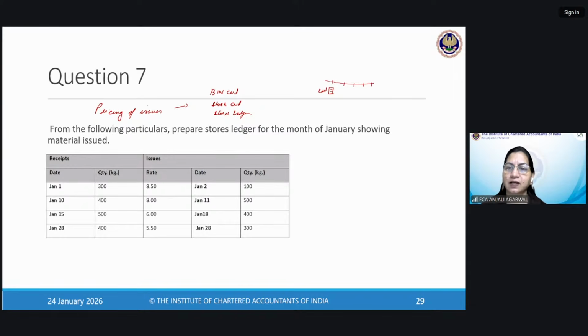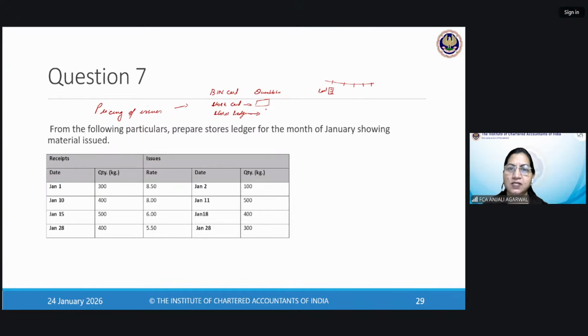So bin cards are kept together with the stocks where the stock bins are, so that you have immediate information on the position of that material in the bin. Similarly, stock cards will also give you quantitative information about the units of each stock, but here all the stocks are not kept near the bins, but at one particular place.